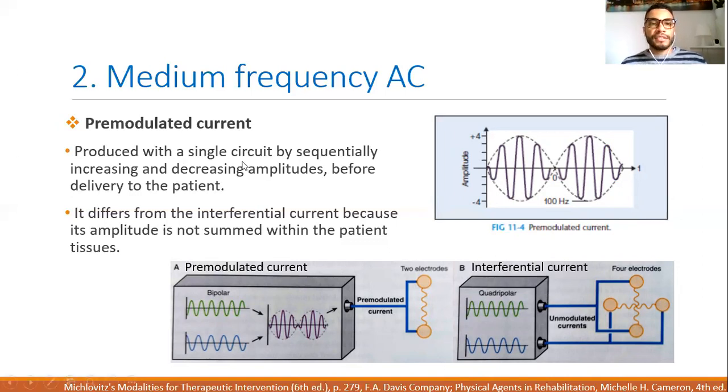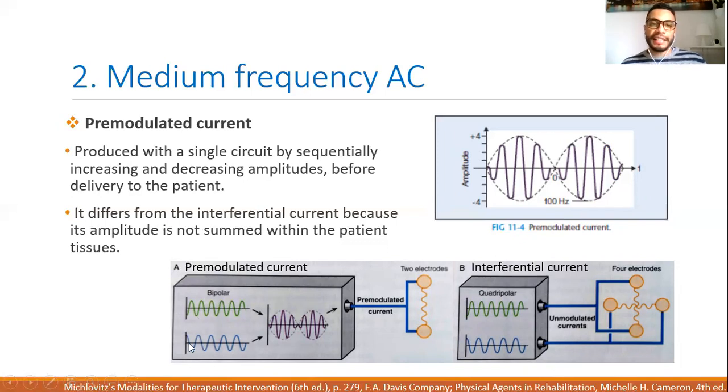So a single circuit produces the alternating current by sequentially increasing and decreasing the amplitudes. And this modulation of current, increasing and decreasing, is modulated inside the electrotherapy device.